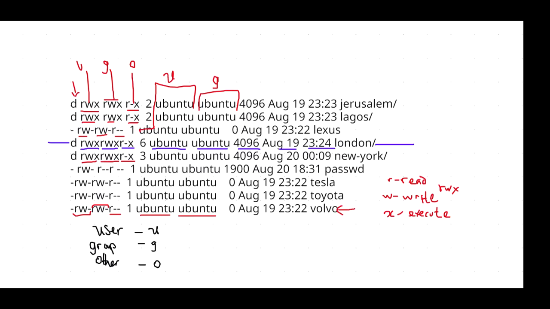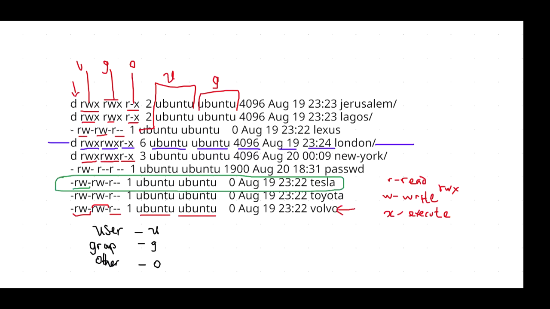Okay, let's look at Tesla. Tesla is a file. Ubuntu user has read and write permission only.